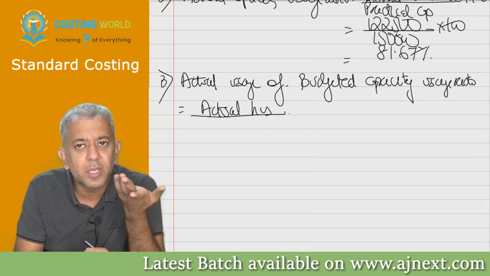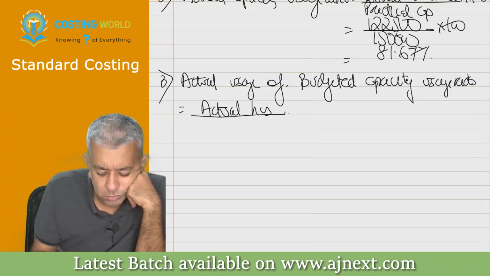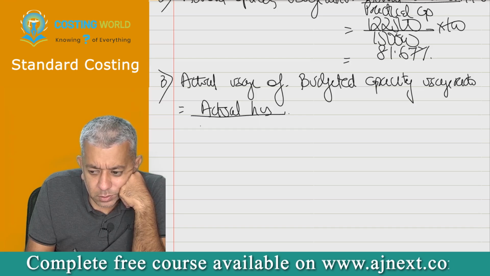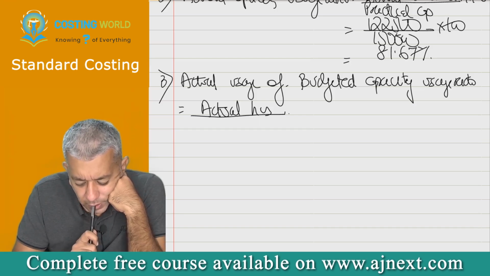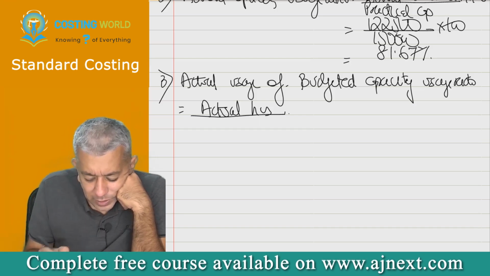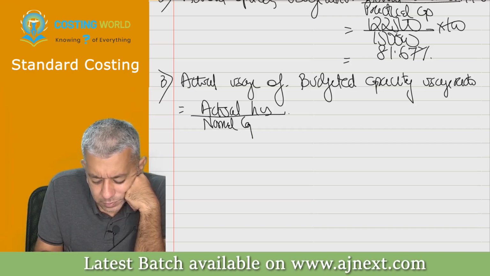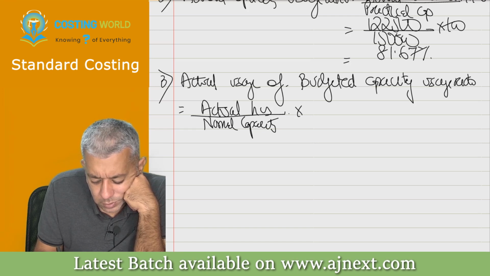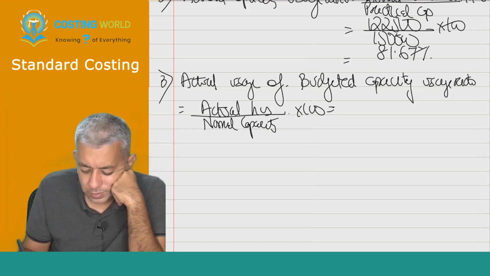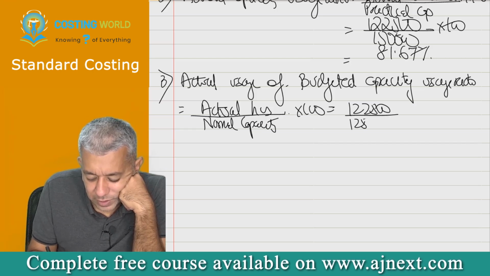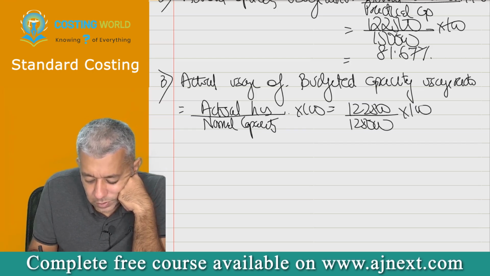You all tell me how many hours you all thought you are going to be working. Tell me the number. 1,25,000. So therefore this is normal capacity into 100. So 122,500 divided by 1,25,000 into 100.